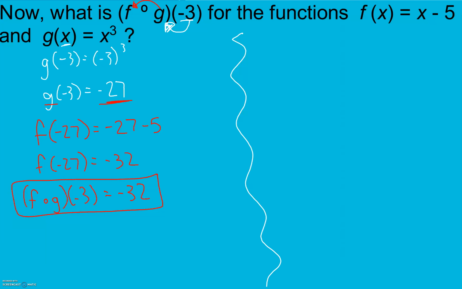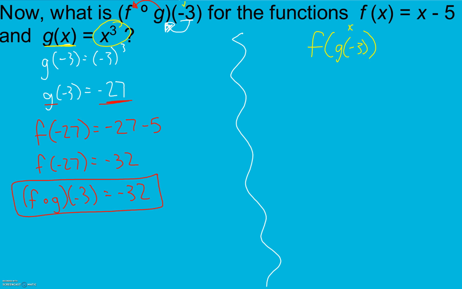We also could have done this the second way. I can write this as f of g of -3. F of g of, instead of x, we have -3, which means I'm going to take my function f, and everywhere I see an x, I'm going to plug in g of x, because I have f of g here.